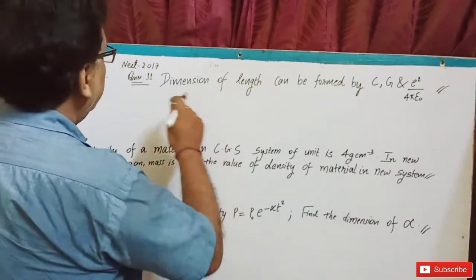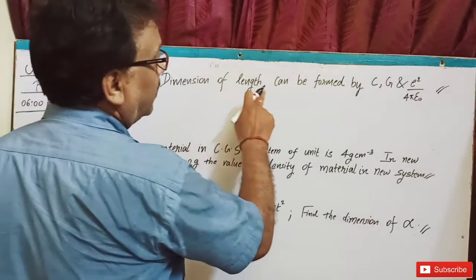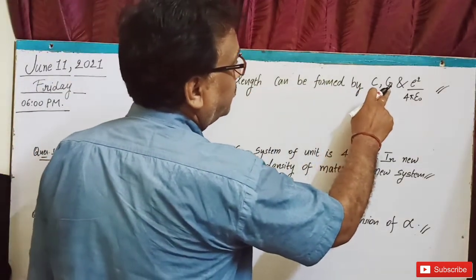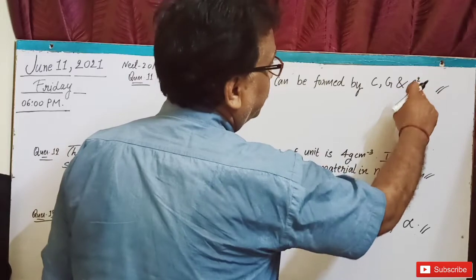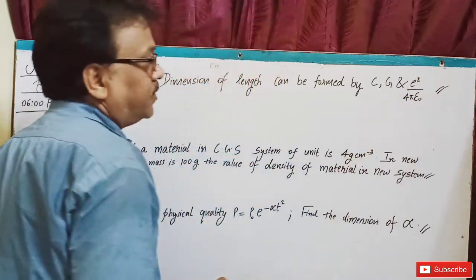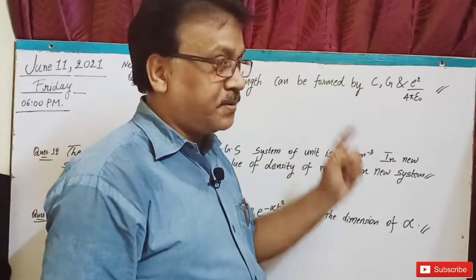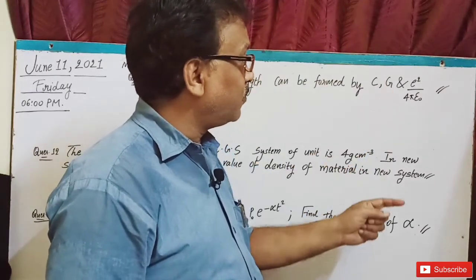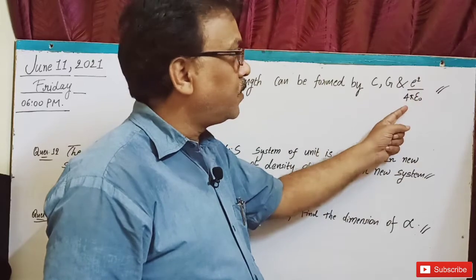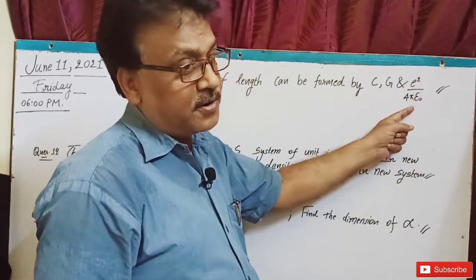Let the given dimension of length be found by c, G and e square upon 4 pi epsilon naught. You look that c and G are obtained from the dimensional formula, but e square upon 4 pi epsilon naught is not available.